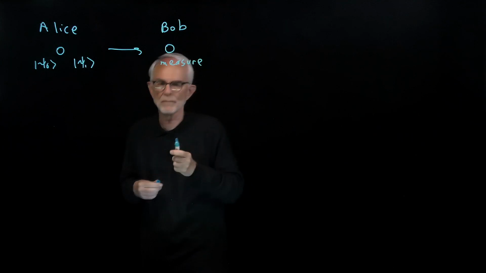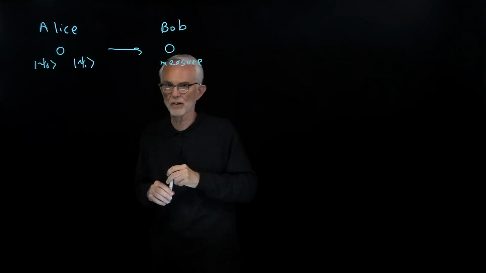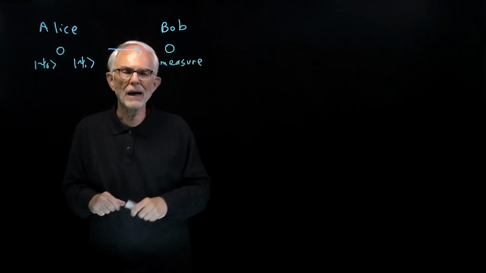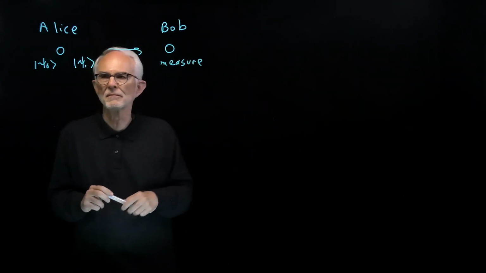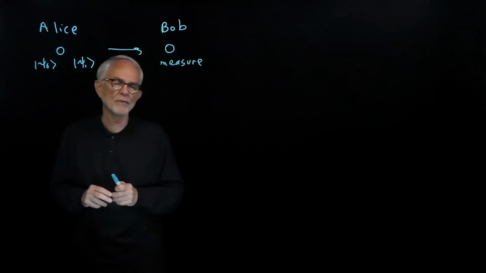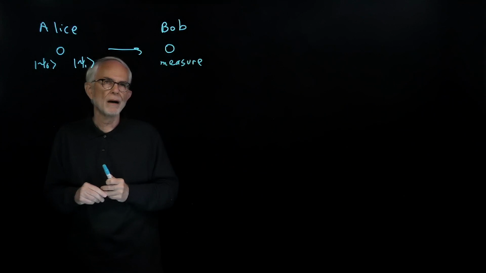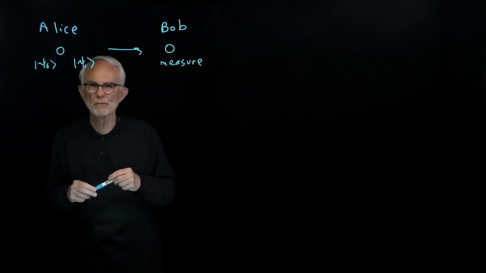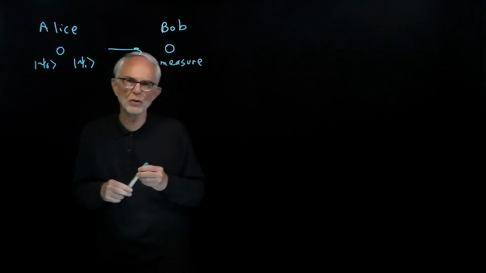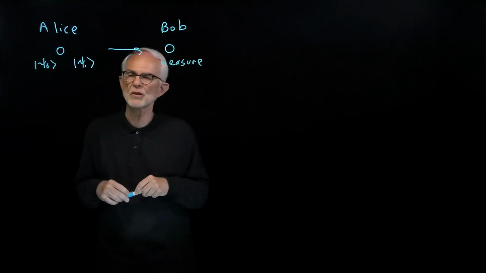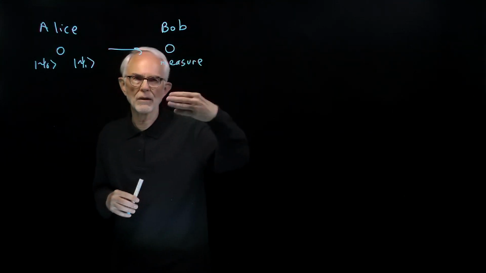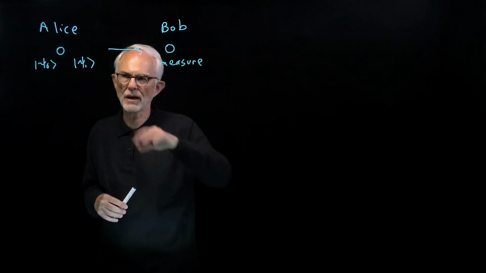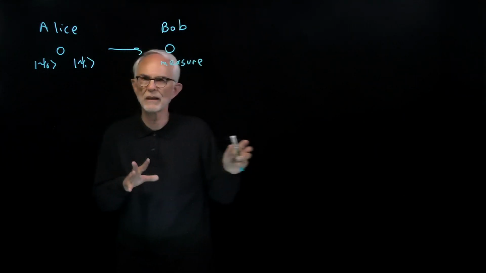Now, if psi 0 and psi 1 are not orthogonal, Bob can't do this perfectly. So there are generally two different strategies for the kind of measurement Bob should make. The first one is called minimum error state discrimination. So Bob's going to measure, and every time he gets a qubit from Alice, he's going to give an answer.